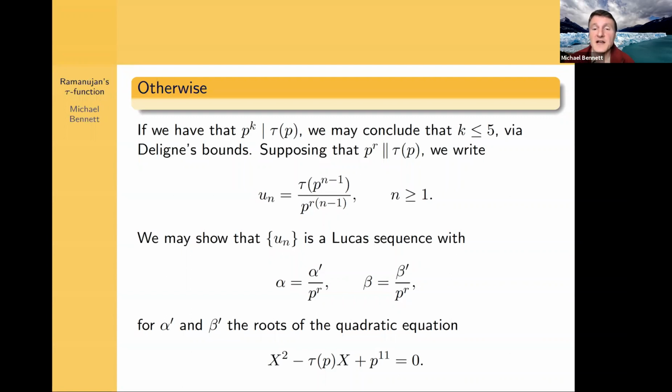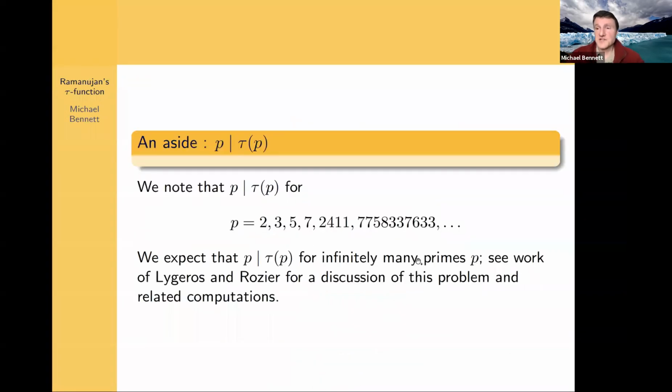So if we suppose it's divisible by p to the r exactly, then we just divide that out. And it turns out that the bits that are left over do give you a Lucas sequence. So here things really do end up coprime, you get a Lucas sequence.